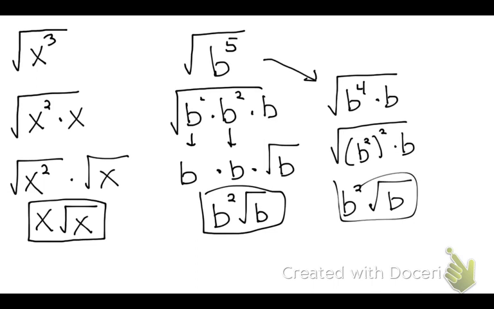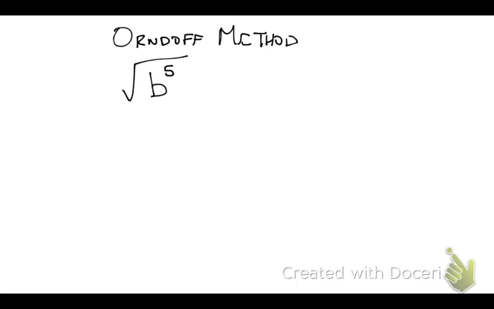I want to show you something that a former student of mine taught me dealing with this. I call this the Orndorff method for a kid named Richard Orndorff. This is how he thought of this, and I thought it was a great way. I have the square root of b to the fifth. This is one we just did.